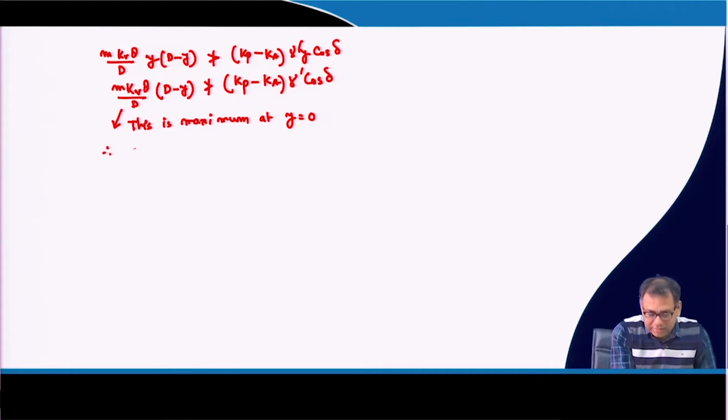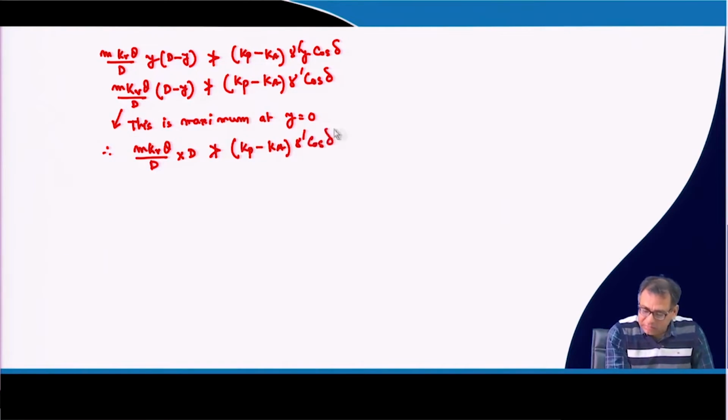So, I can write that m Kv theta divided by d should not be greater than Kp minus Ka gamma dash cos delta, or I can write that m Kv theta should not be greater than Kp minus Ka into gamma dash cos delta.